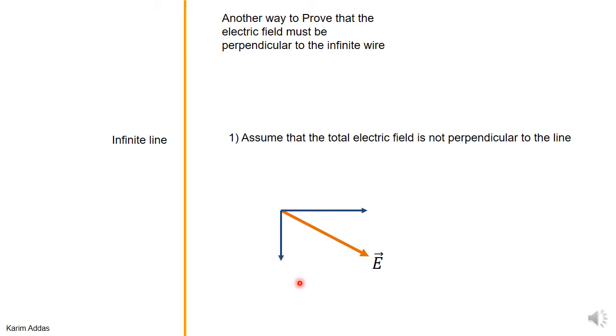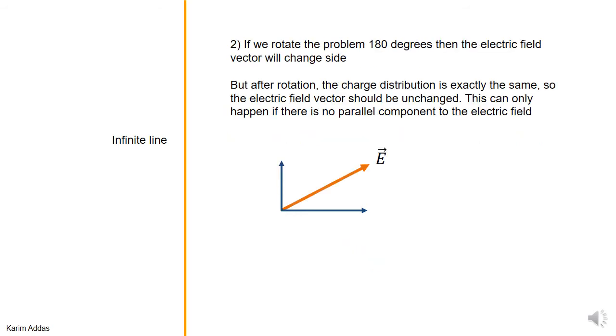We're going to show that if you rotate everything 180 degrees around an axis like this, what will happen? The field vector rotates, but the infinite line, when it rotates by 180 degrees, you get the same infinite line. So that means the charge distribution hasn't changed.